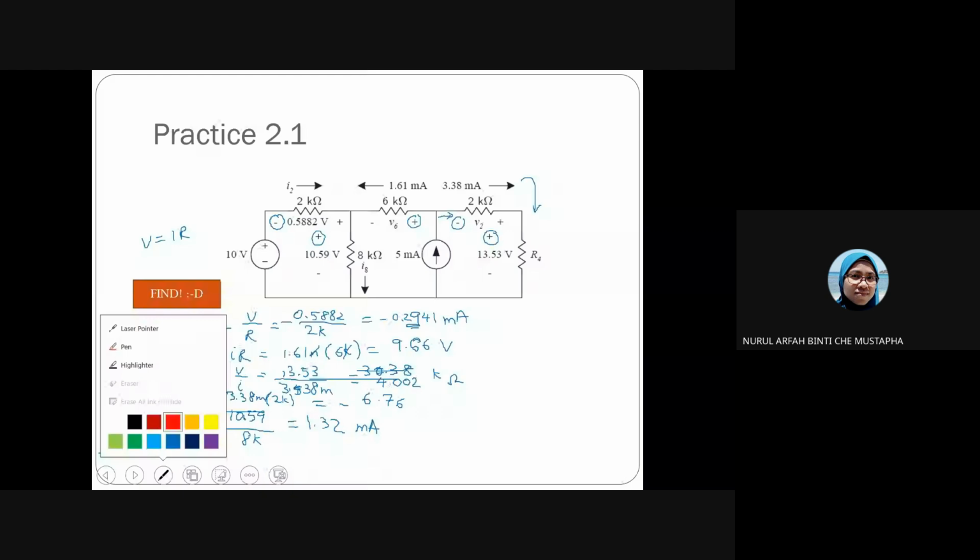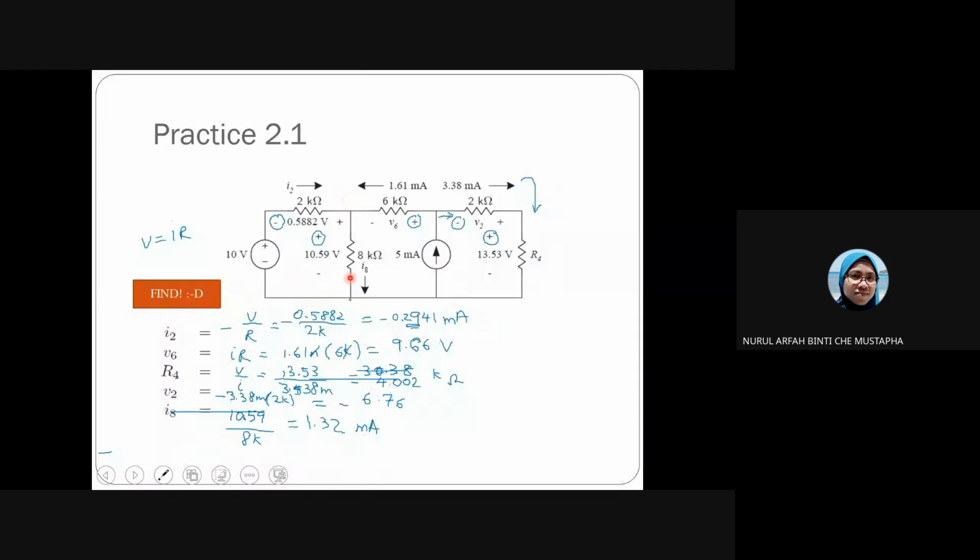Okay, what about V2? V2 is here. Again, you need to be careful about this side. It is 8 kilo. 8 kilo.